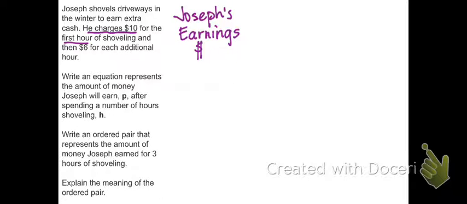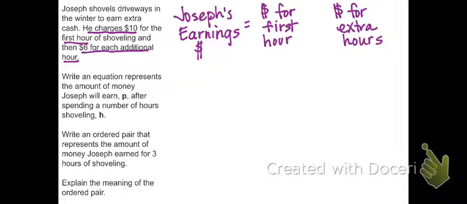So he's going to get a certain amount of money for the first hour. And then he charges $6 for each additional hour. So he's going to get money for those extra hours too. So if we take the money he gets for the first hour and add it to the money he gets for all those extra hours, that's going to be how much Joseph earns in total.